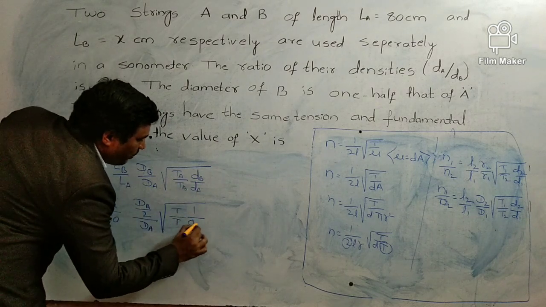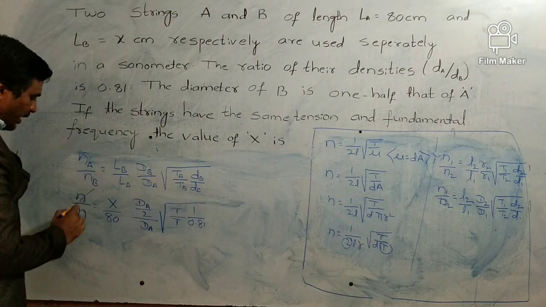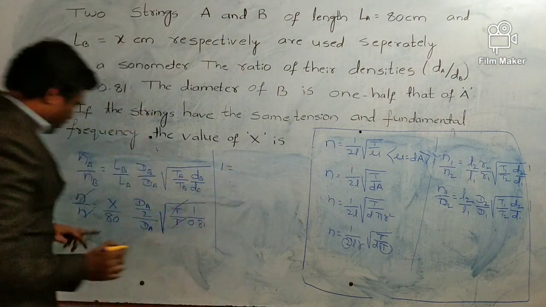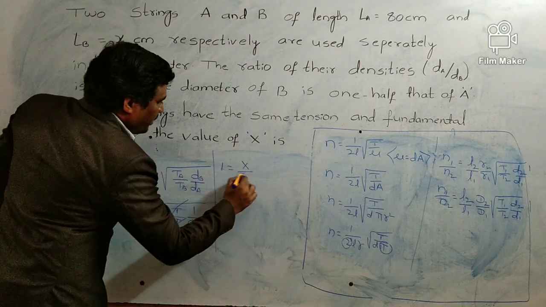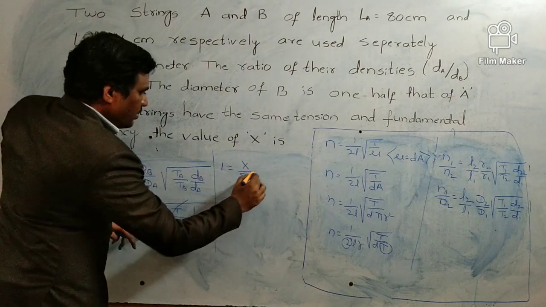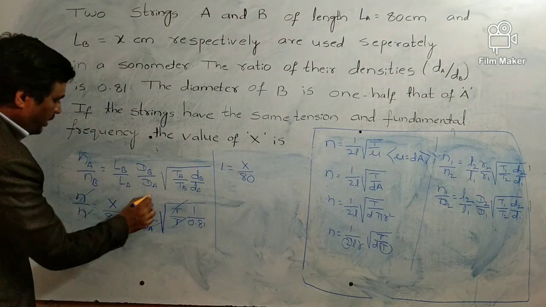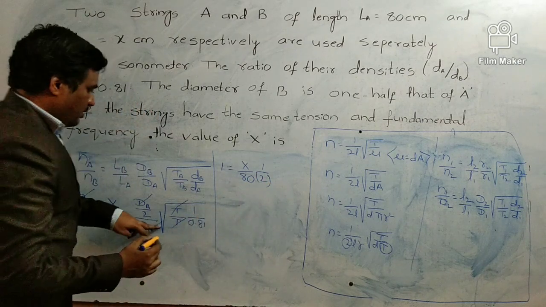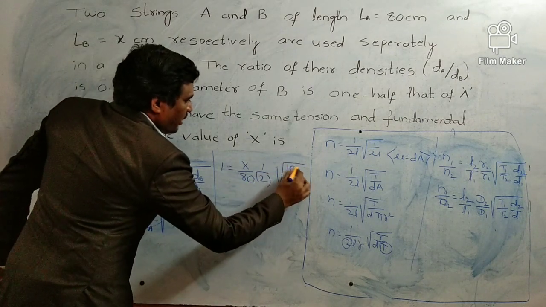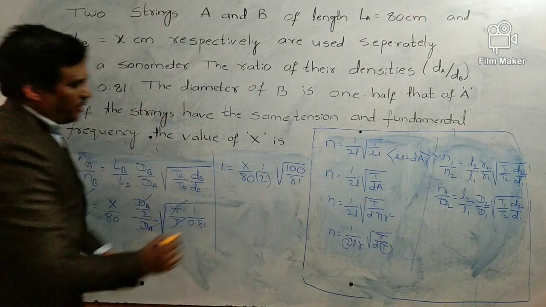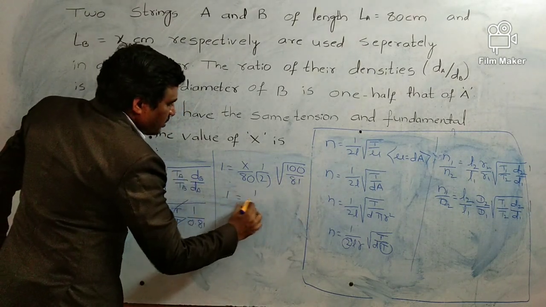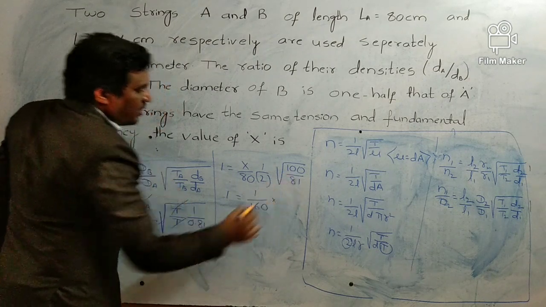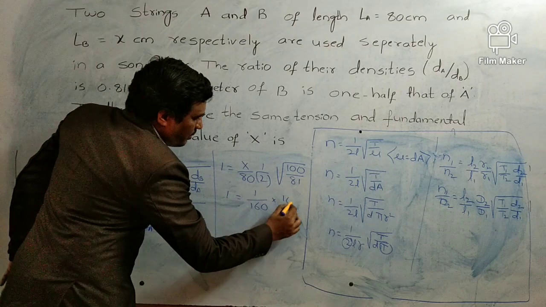It is 1 by 0.81. So N cancels and T also cancels. So 1 equals x by 80, and d gets cancelled. Now the 2 is in the denominator. Now we can write it as 100 by 81. So it is 160. You can write it here as 10 by 9.